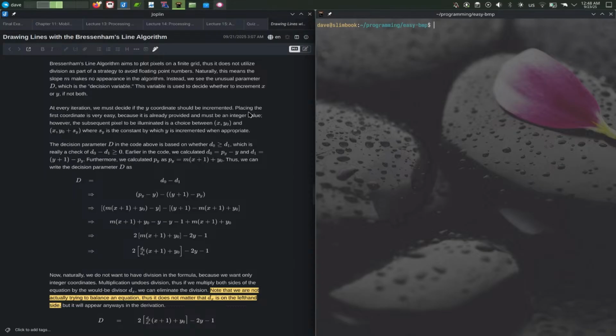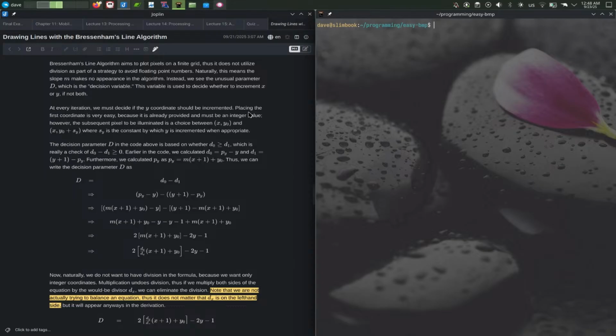Anybody who's watching this, if you've played around with computer graphics before, maybe you've heard of Bresenham's line algorithm, right? Or maybe Xiaolin Wu's anti-aliased line algorithm. But today we'll be doing Bresenham's. Maybe later I'll try Xiaolin Wu's algorithm, but today the objective is to implement Bresenham's.